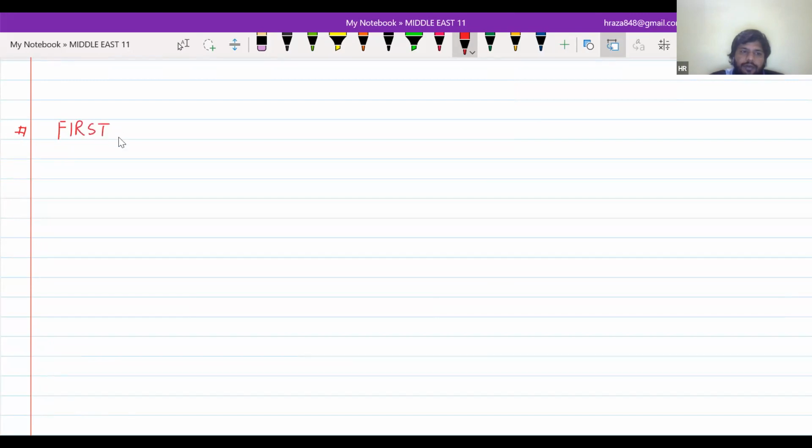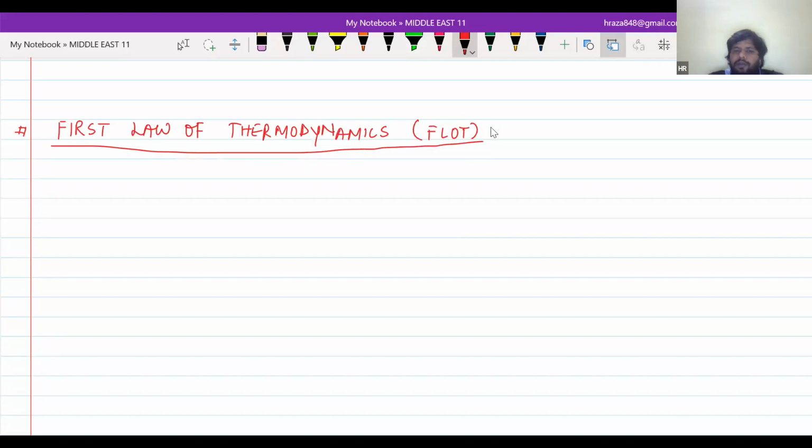First law of thermodynamics, also known as FLOT. In short, I will write FLOT whenever I do numericals.